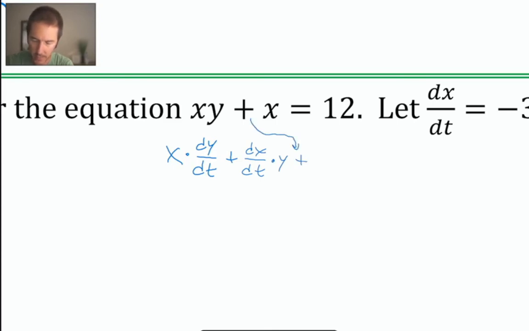So this plus sign is this one, derivative of x with respect to time, we just talked about that, is dx dt. Derivative of a constant is 0, so the right hand side becomes a 0.